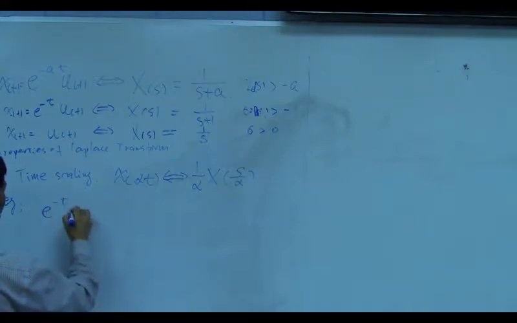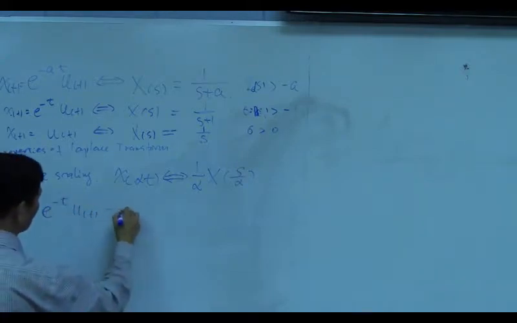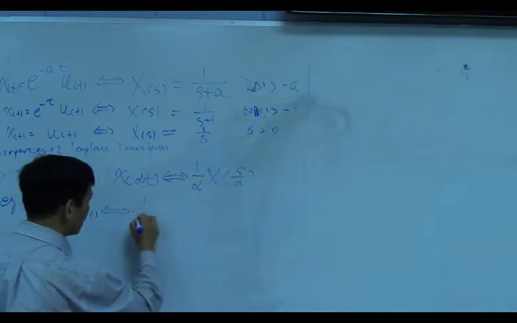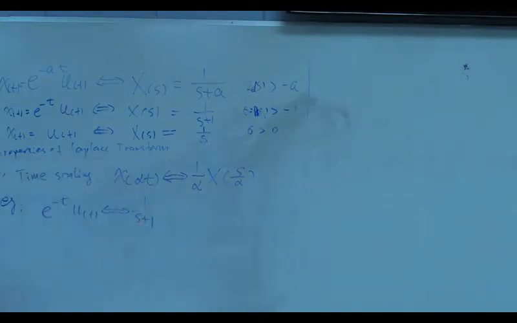e to the negative t u(t). What is this? On the top, 1 over s plus 1. Now we are going to try this time scaling.